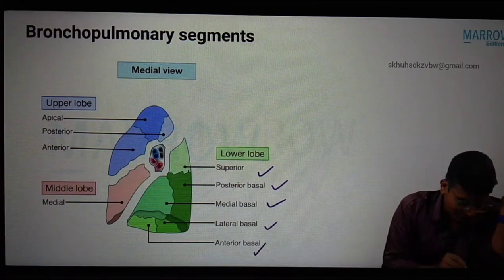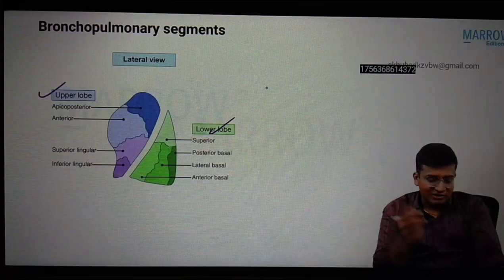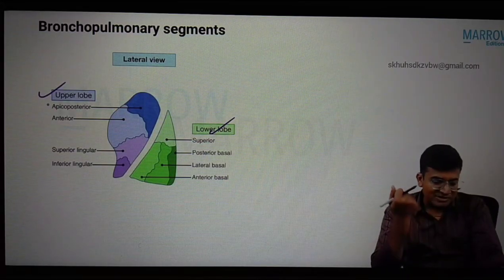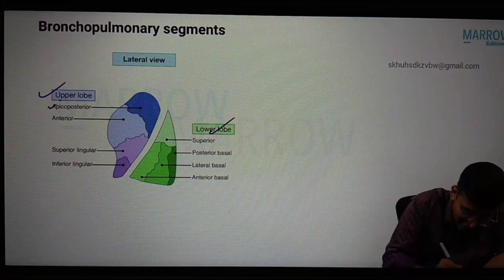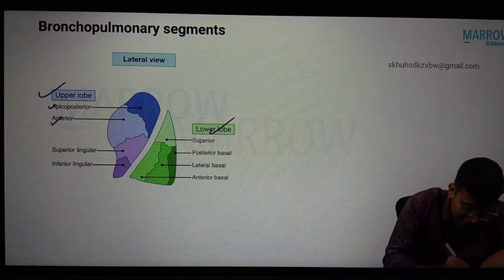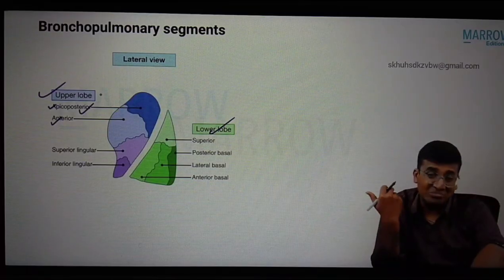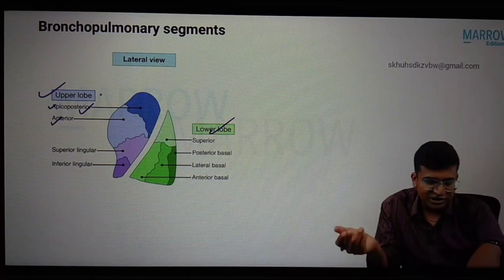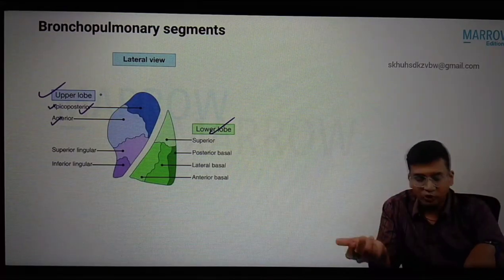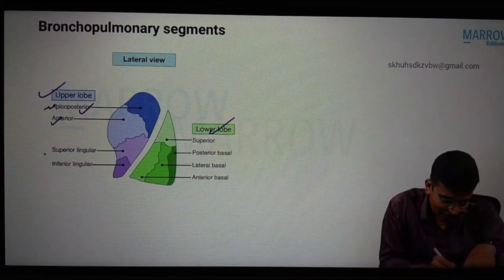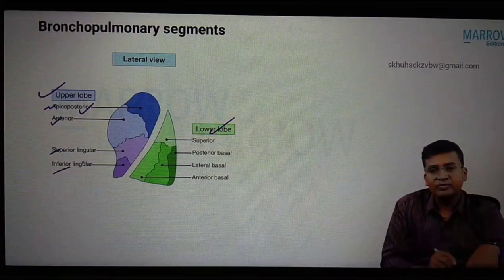What about the left lung? In the left lung, we have upper lobe and lower lobe. What are the segments present in the upper lobe? We have apical, anterior, and posterior. Sometimes the apical and posterior fuse together to form apico-posterior. We also have superior lingular and inferior lingular.